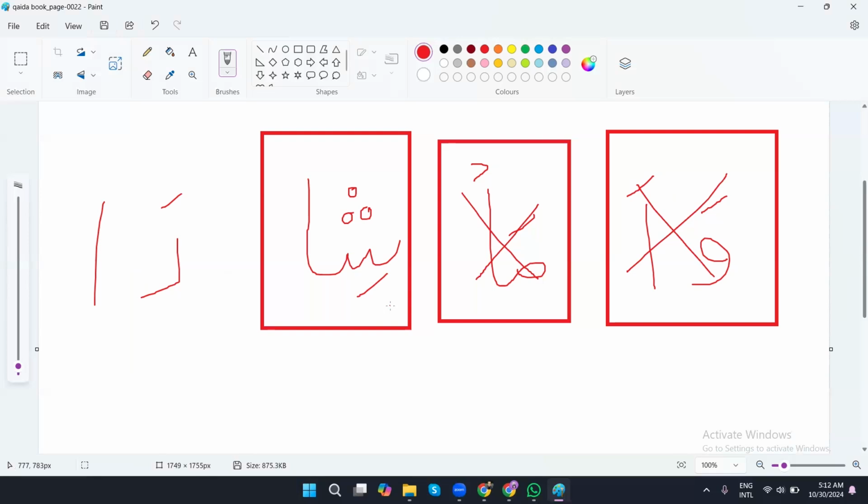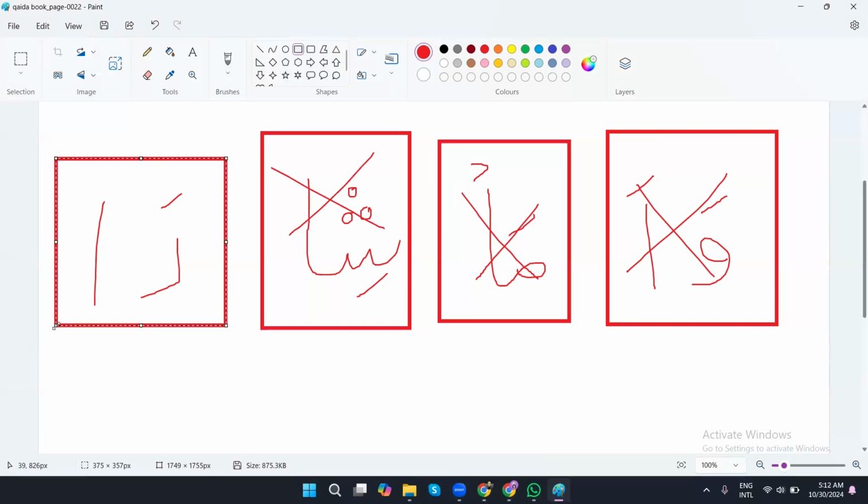The second condition was that the previous letter comes with fatha. It doesn't, it has a kasra on it, so this is also not Alif Madda. Okay, now go to the next one.